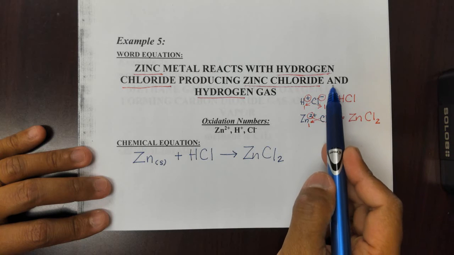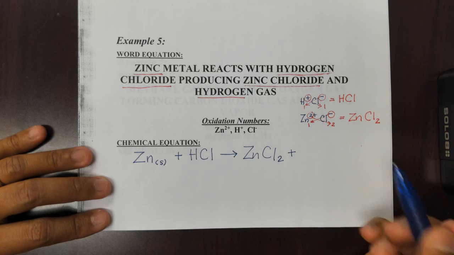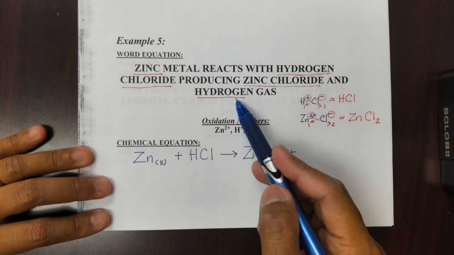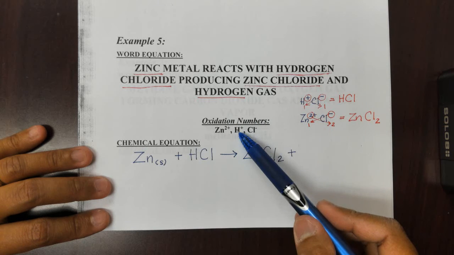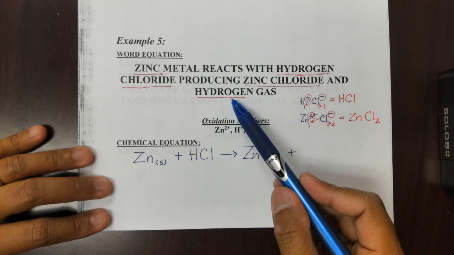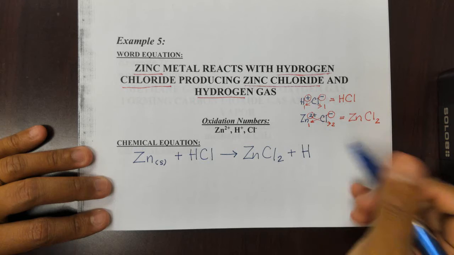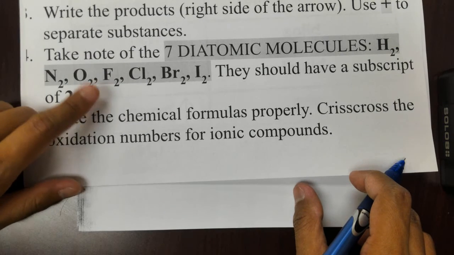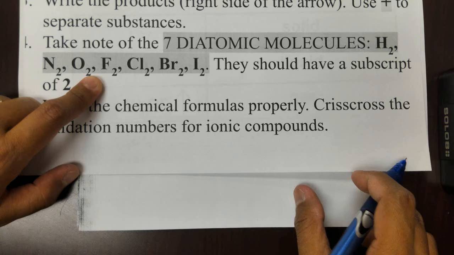And then after that is the word and. So that's plus. And so lastly, it's hydrogen gas, just hydrogen. So that means we are not going to look at the oxidation number because it's alone. So just write the symbol of hydrogen, and hydrogen is H. However, if the element is alone, please watch out for the list of the 7 special diatomic elements or diatomic molecules.